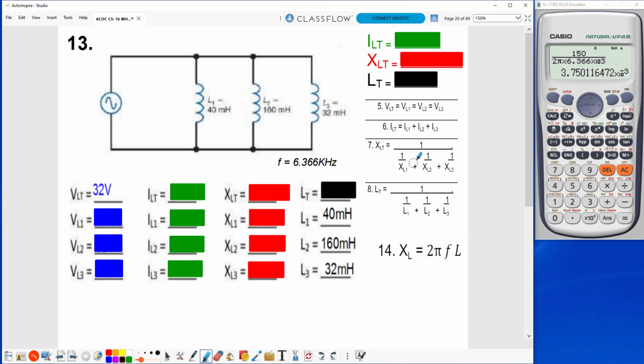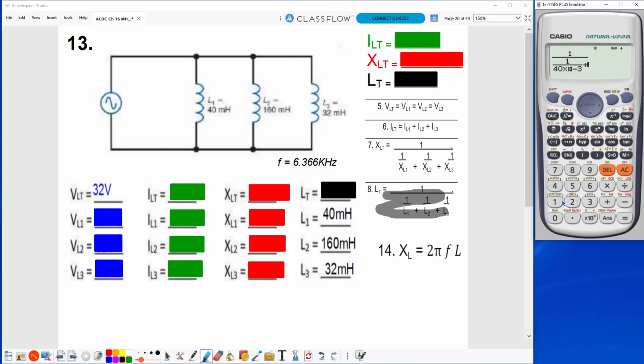First thing I'm going to calculate is my total inductance using formula number 8. For a parallel inductive circuit, I will use the reciprocal formula to find total inductance. So it is 1 over 40 times 10 to the negative third millihenries.